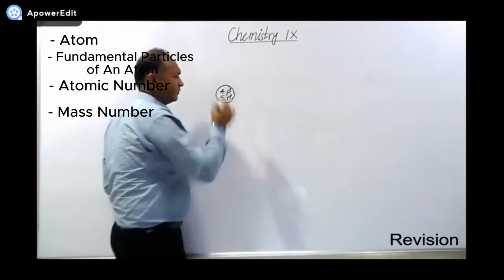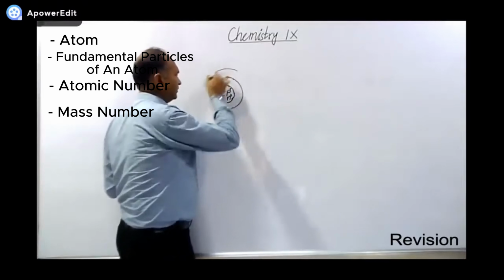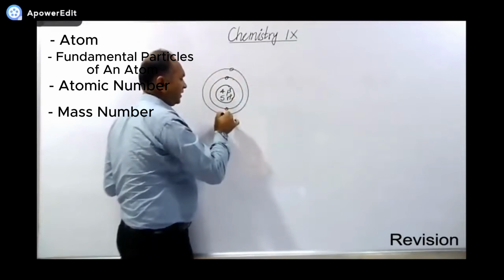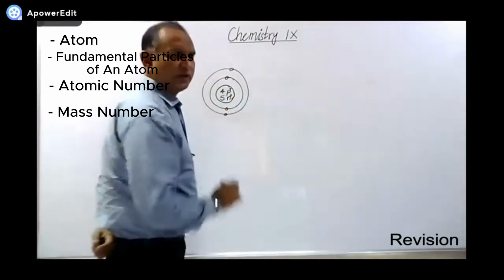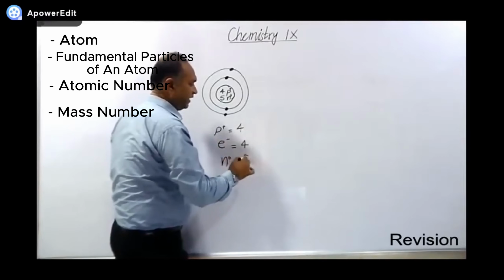We have an atom, it's the nucleus. It has 4 protons and 5 neutrons, and some electrons are revolving around it. Can you count how many electrons I drew over here? 1, 2, 3, 4. So here I write that this contains 4 protons, 4 electrons, and 5 neutrons.